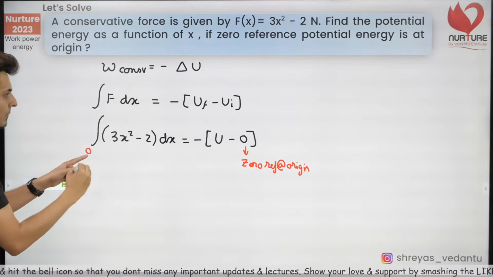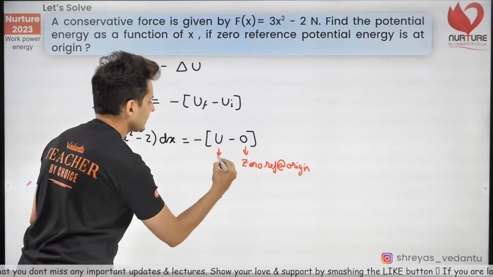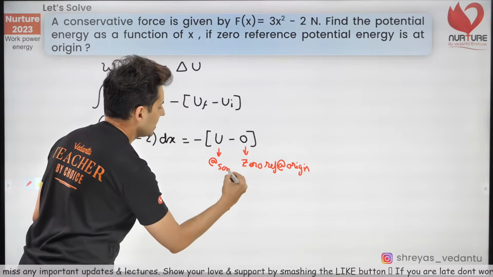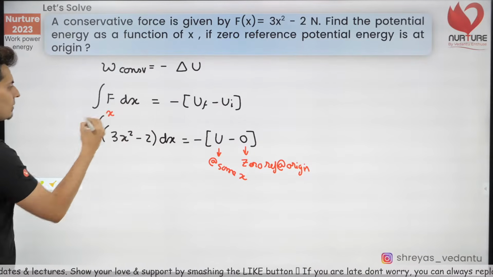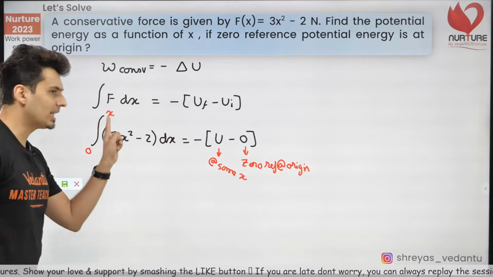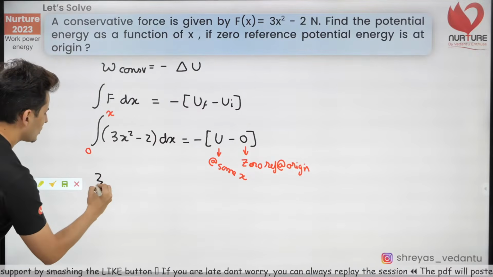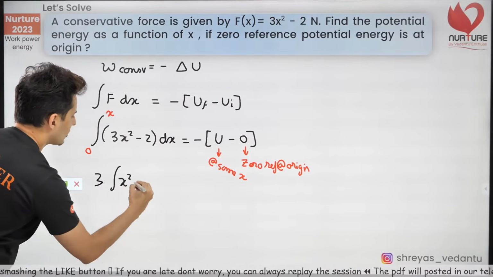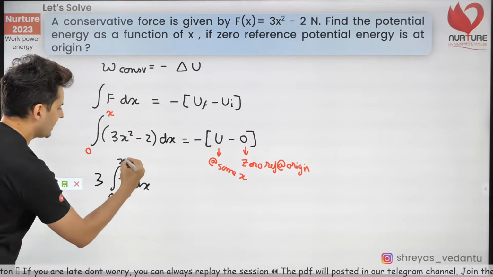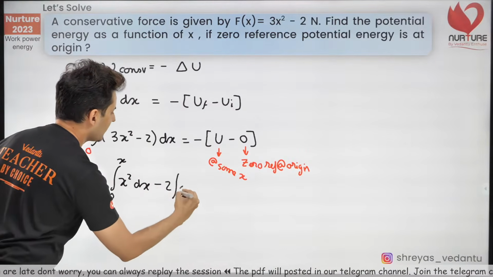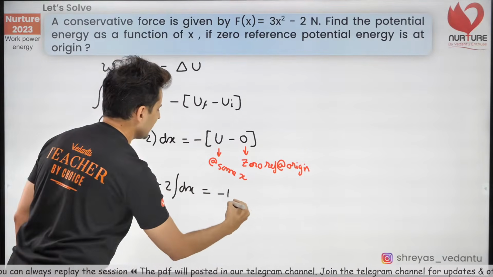It is 0, so the lower limit is 0. Finally, at some x final, that will be the upper limit. Now you just need to perform this integration. 3 is a constant, it goes outside: 3 integral x square dx from 0 to x, minus 2 integral dx, is equal to minus U.